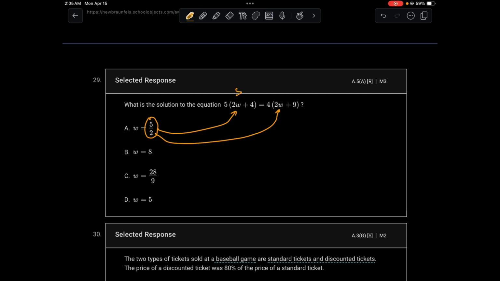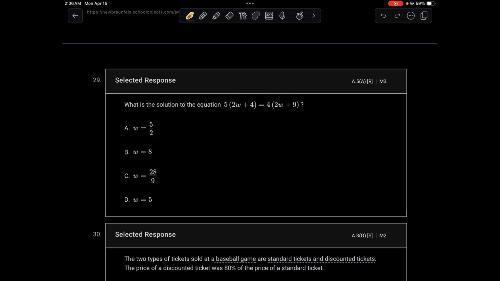If you find the same results, like let's say 10 equals 10, that is the correct answer because it satisfies the equation. It gives you a true statement. If you find 10 equals negative 8, for example, that is not the correct answer because it gives you a false statement.